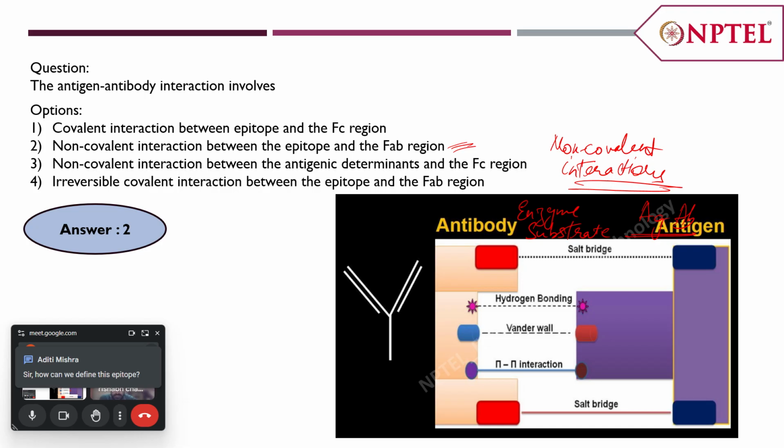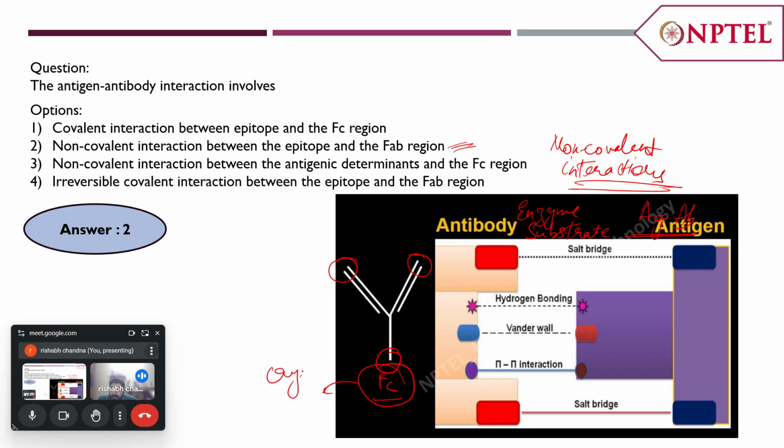Just a second. So this is our antibody and this is a FAB region. So antibody has two main regions. First is the FC region, that basically is due to the crystallizable part. When people were studying different antibodies, this constant region could easily be crystallized, so it was called the FC region, fragment crystallizable.